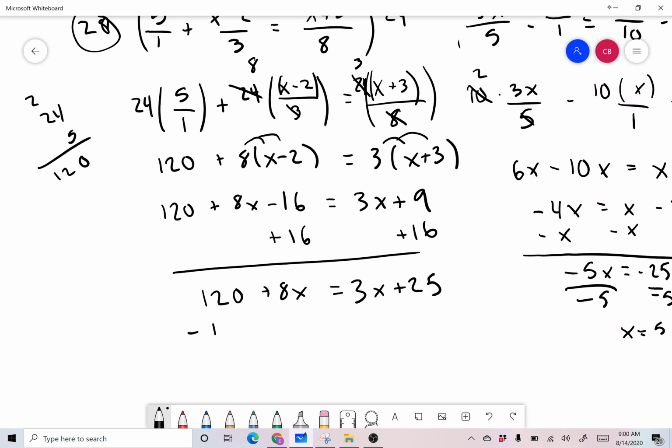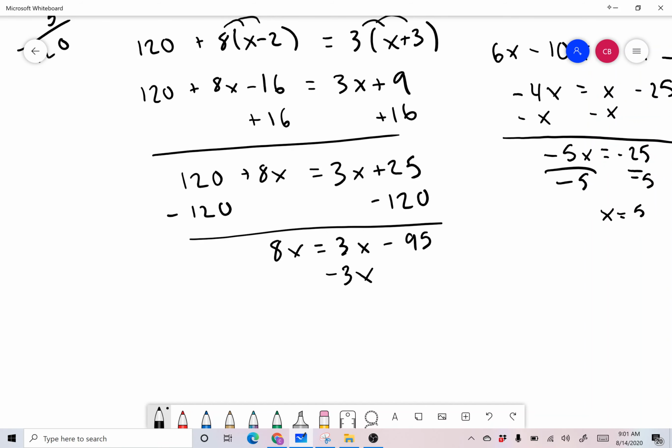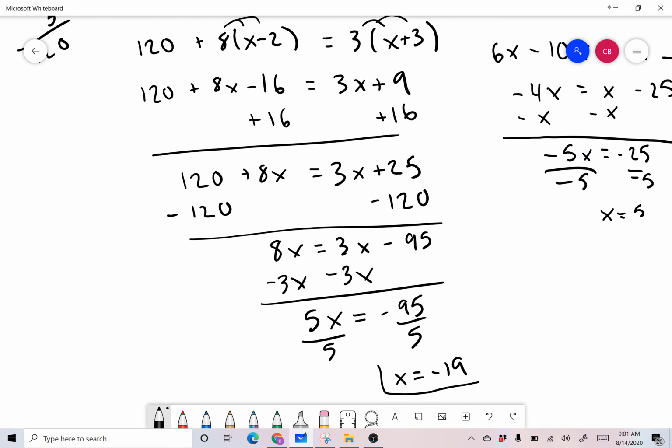Okay, minus 120. 8x equals 3x minus 95, I think. Minus 3x. 5x equals negative 95. X equals negative 19.